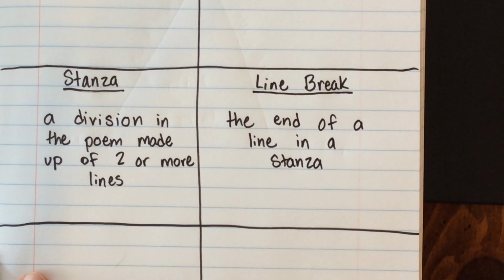So in poetry, we don't typically have sentences because punctuation doesn't have to be used. So instead of saying, well, the sentence ends here, we say, well, there's a line break here. And you can really put a line break anywhere in a poem. That's up to the poet's choice. And again, we're going to look at some of those examples tomorrow.